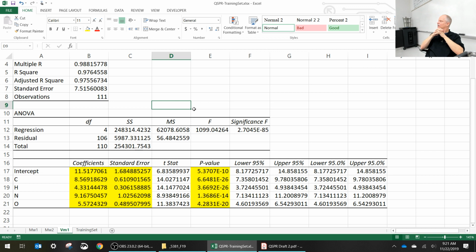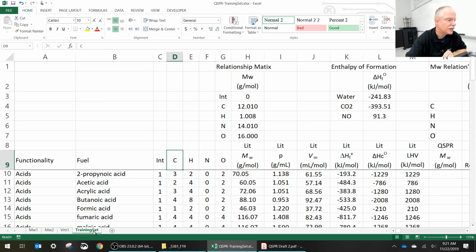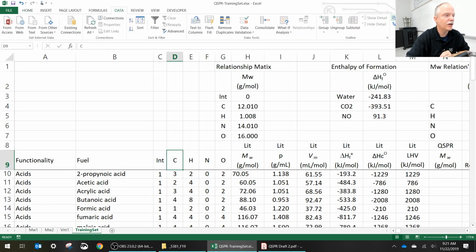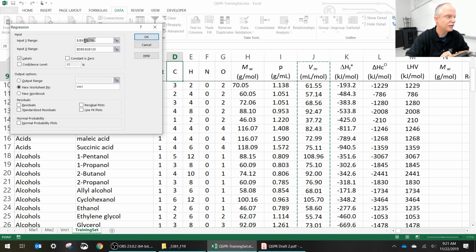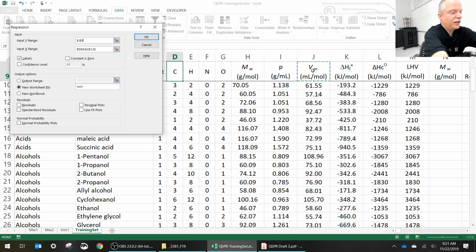How do we select the entire column when we increase X and Y? Okay, let me show you. Let me tell you exactly what I'm doing when I select all of my columns. I come up, I hit data analysis, and I do regression, and I have this input Y range. I click here, and then I hold Control, Shift, and down arrow.